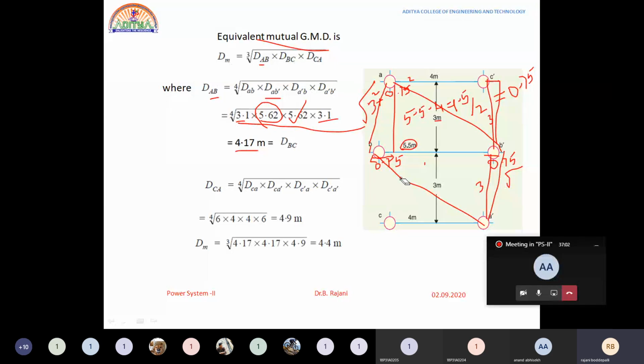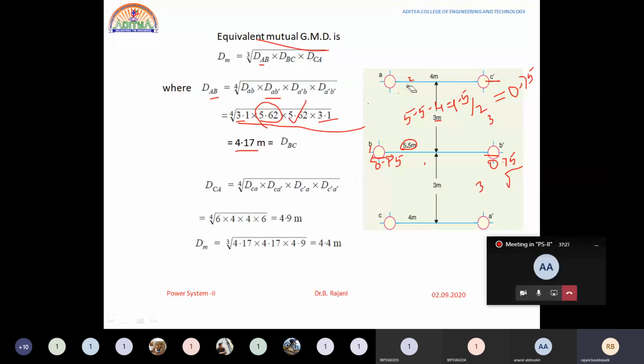Let us erase this one so that you can understand better. This is the extra distance what we are having. Let us arrange it like this so that it will be easy for you to understand. Now coming to the next one, which is nothing but the DCA.